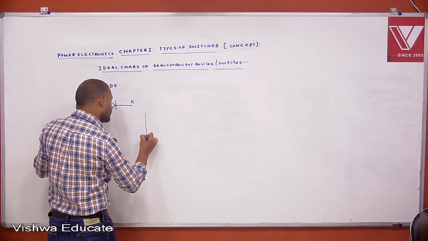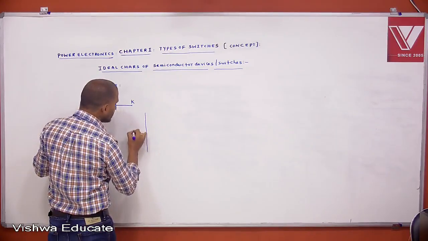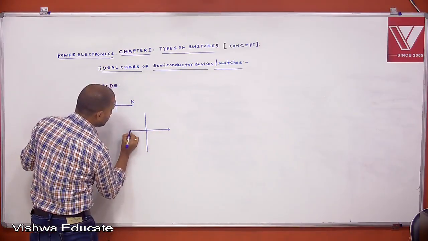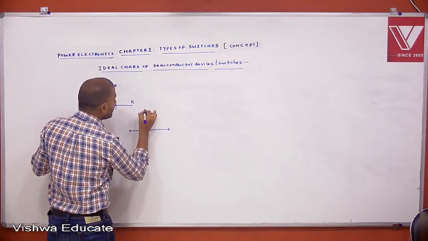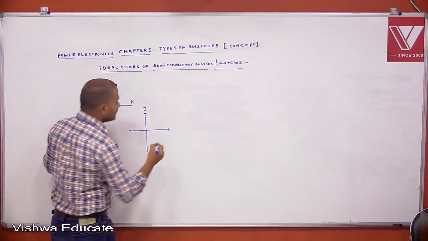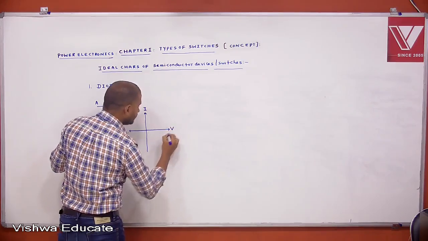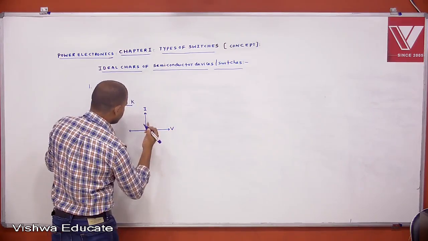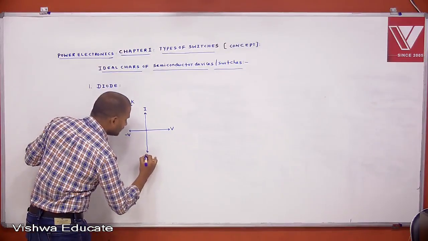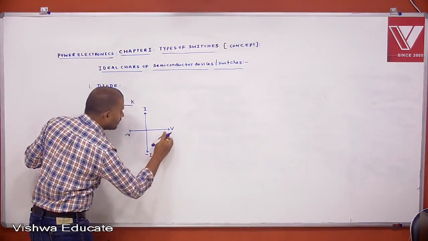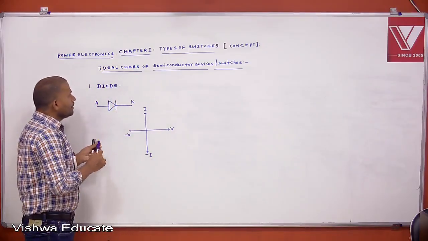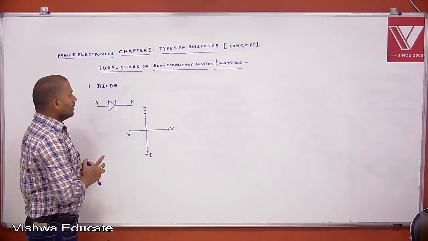In drawing static VI characteristics for any semiconductor device, take current on the y-axis and voltage on the x-axis. This is minus V.